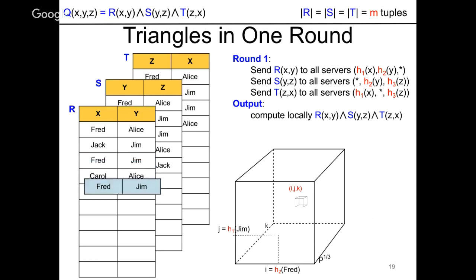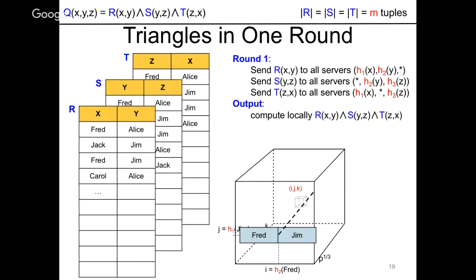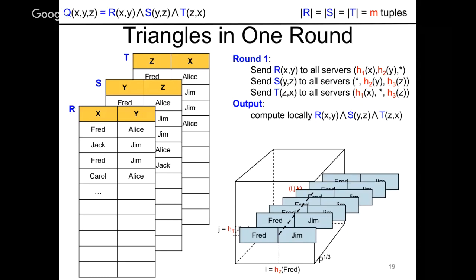So we send this tuple to this face of the cube, but we also replicate it by sending it to all the servers that agree with the I and J coordinates, regardless of their K coordinate. So there is a little bit of replication involved. If you keep in mind the example with 1,000 servers, we need to copy this record 10 times.